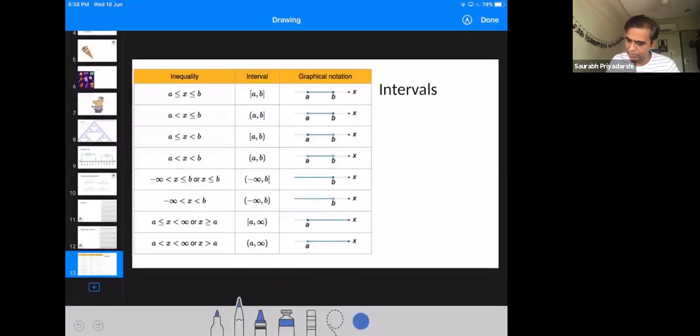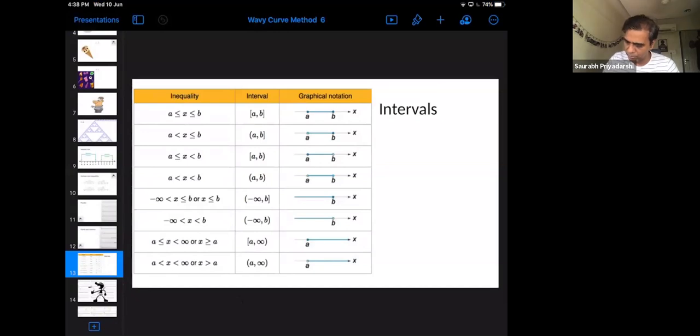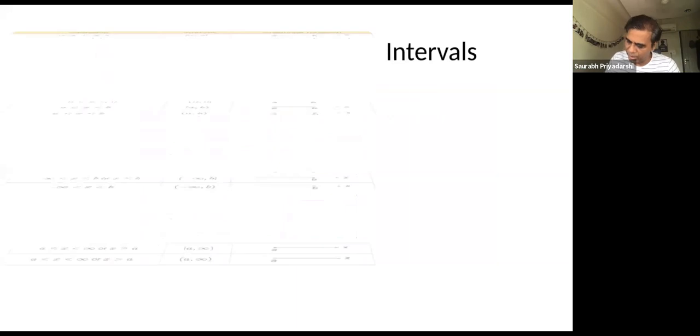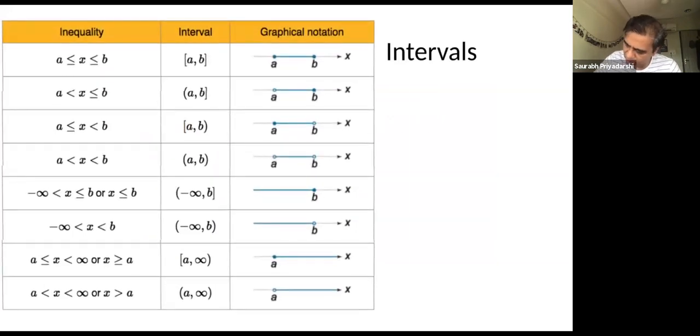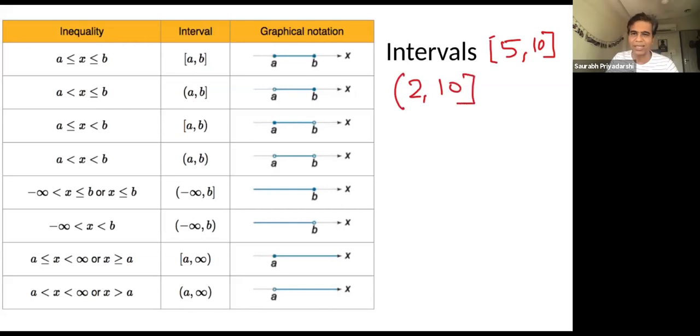In this case, the first case is like 5 to 10, both closed. So we are starting from 5 and go up to 10. But A open to B means 2 to 10. You are not including 2, but including 10. And in between, all the values are there.